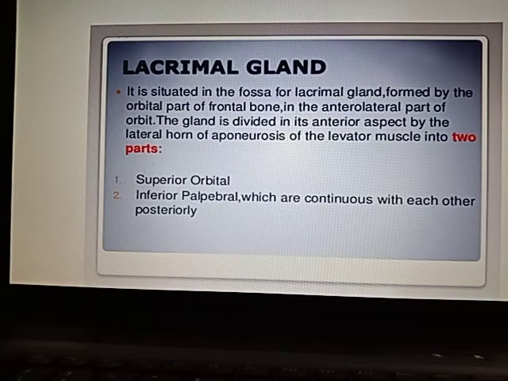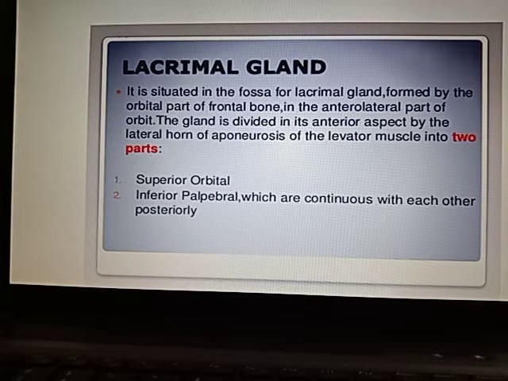Then at first we come to the lacrimal gland. The lacrimal gland is situated in the lacrimal fossa inside the orbit on the medial side of the zygomatic process of the frontal bone. It secretes lacrimal fluid which is alkaline.